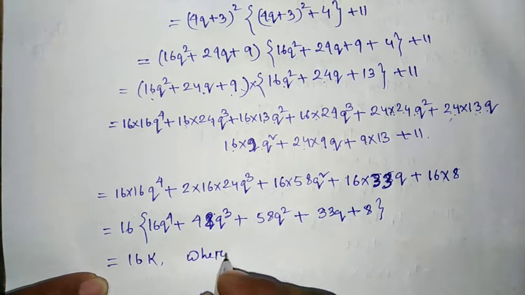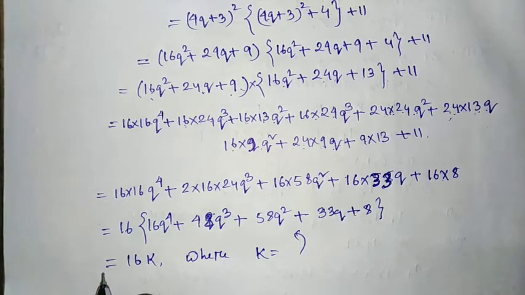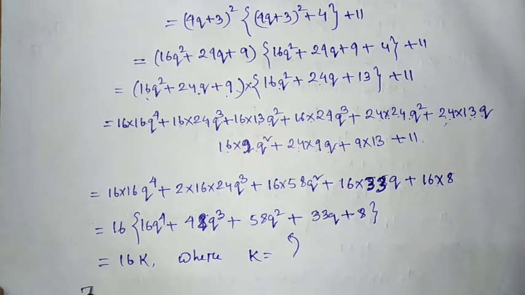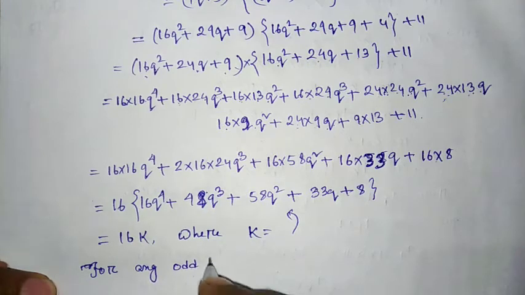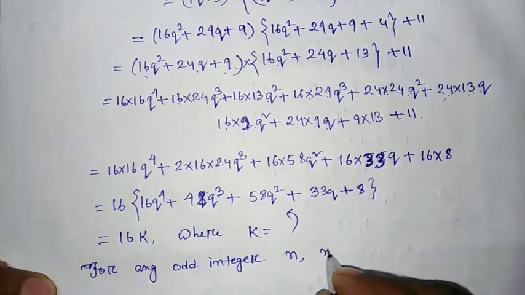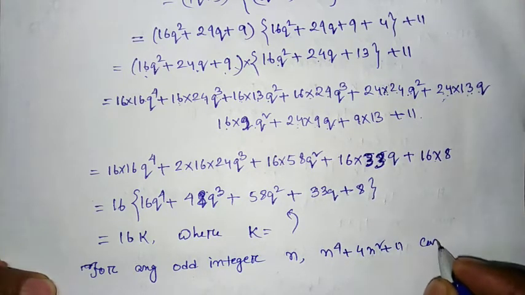Sorry, calculation quite wrong. Here it should be 33q, plus 16 comes out 8. So we can write 16 into k, where k is this number.